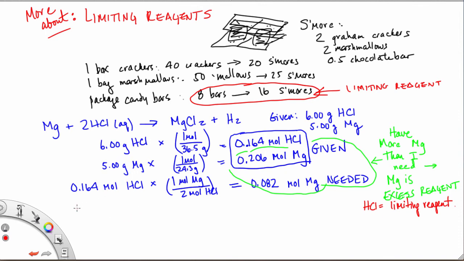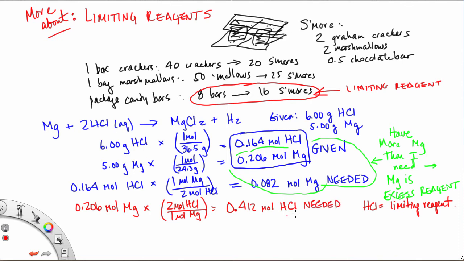So I could go here and I could say, okay, if I have 0.206 moles of magnesium as my given quantity, how much hydrochloric acid do I need to react with it? And there's 2 moles of HCl for every 1 mole of magnesium. This ends up being 0.412 moles of HCl needed.